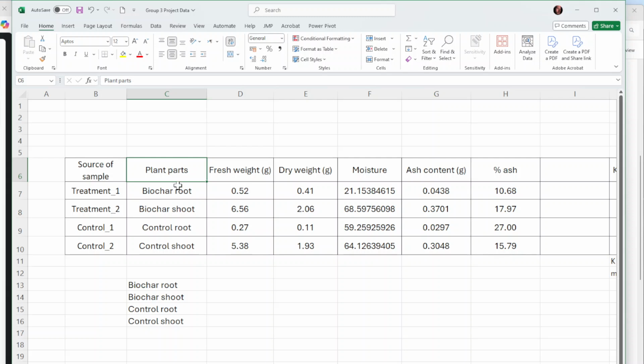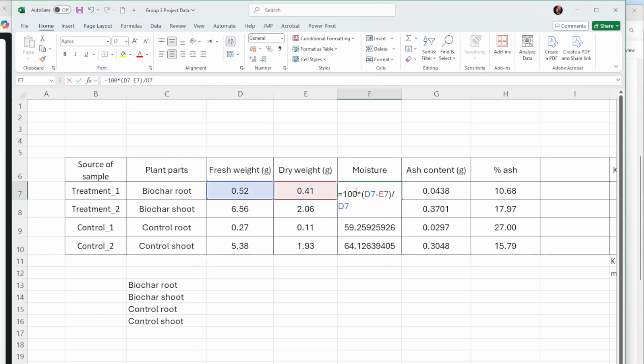So they have the average here for the biochar root, the fresh weight, and the dry weight. It's clear now. You can see, right? Just confirm to me that you can see the Excel. Clear. Okay. And they have the biochar shoot, also the average for the fresh weight and the dry weight. And for the control, they have also for the root and the shoot, the fresh weight and the dry weight.